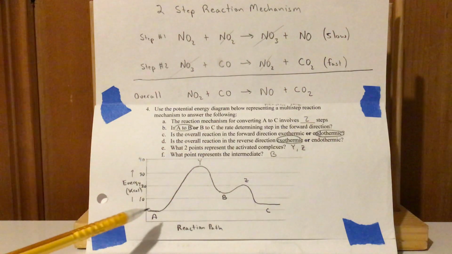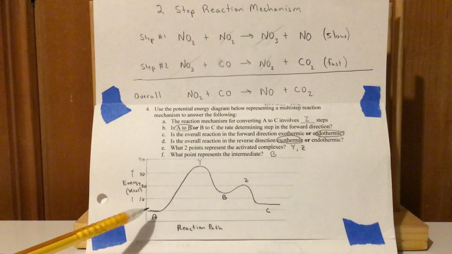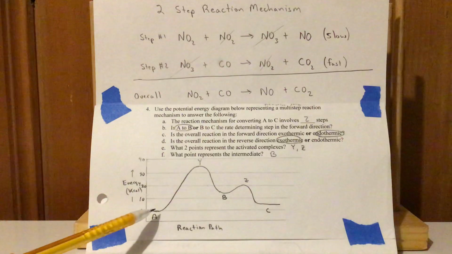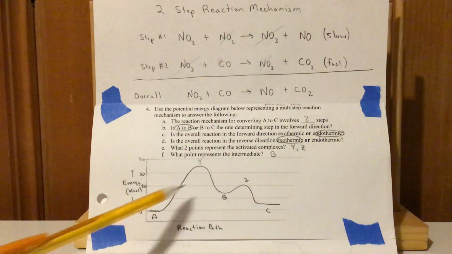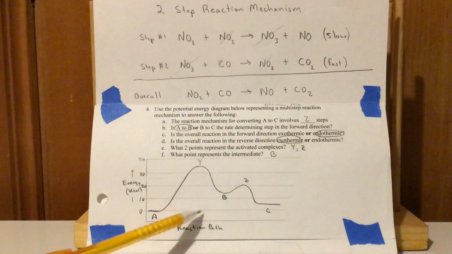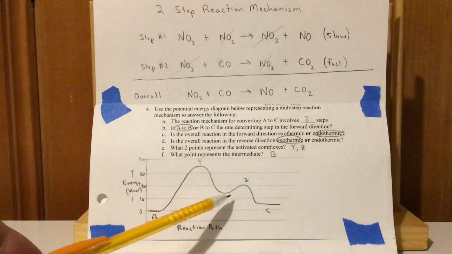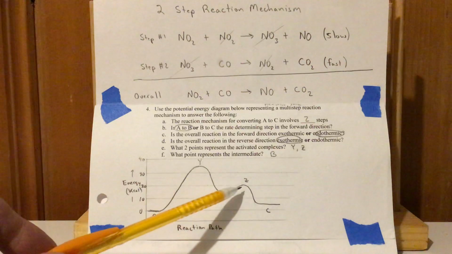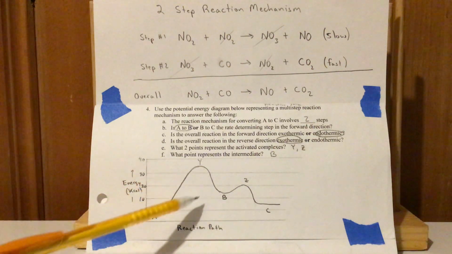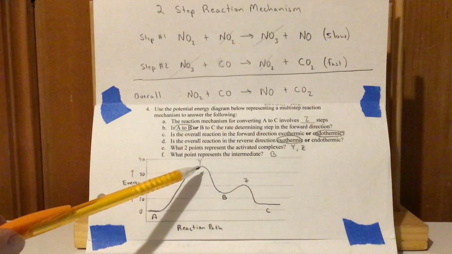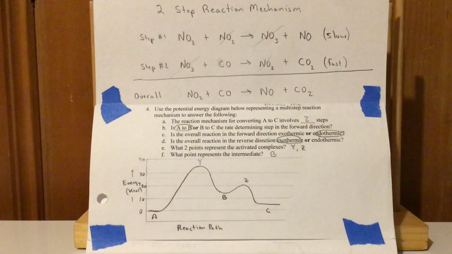We're going to learn more about rate determining steps, but for now it is the slowest step in the reaction mechanism. So what's going to take longer to climb: going from A to B and climbing hill Y from 0 to 35, or B to C when you climb from 15 to 20? Well, the height of the hill A to B is bigger, so that will be the rate determining step.